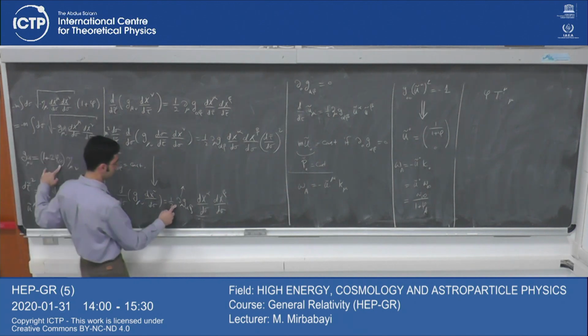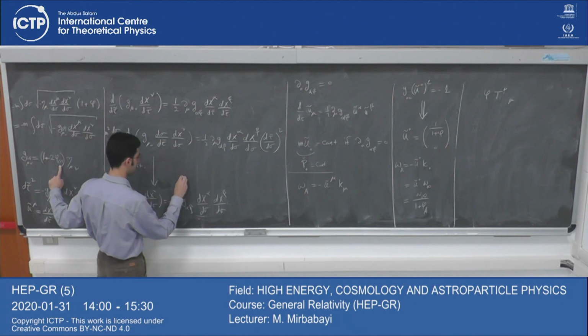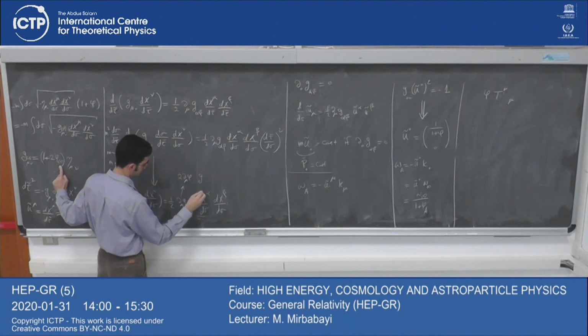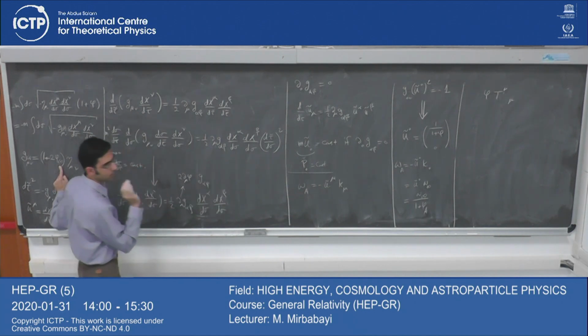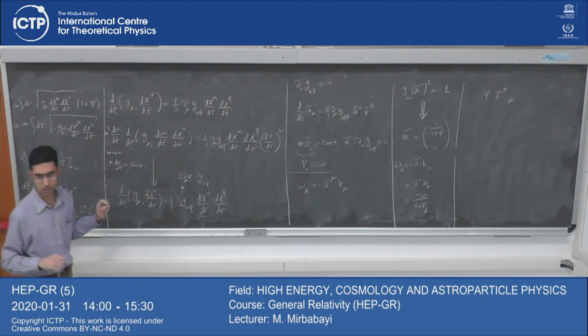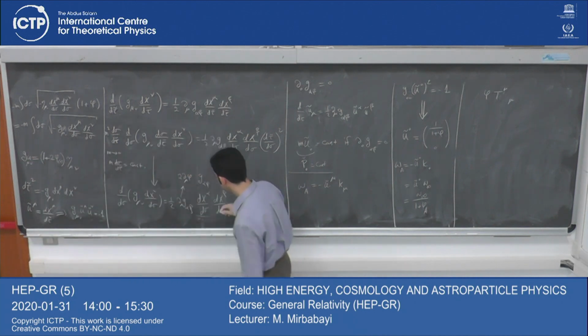So d mu g alpha beta is just twice d mu phi times g alpha beta. Again, remember we are linearizing phi, so it wouldn't matter if I write g alpha beta or eta alpha beta in this case.